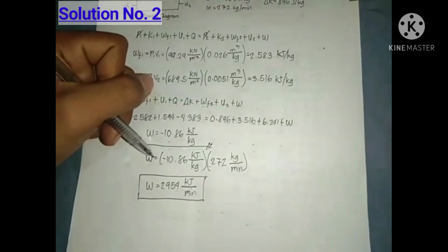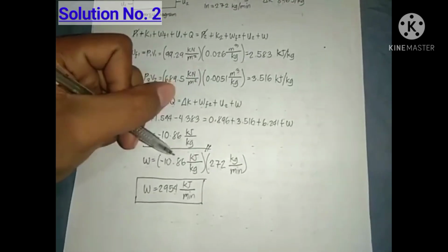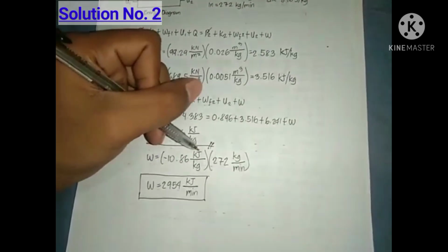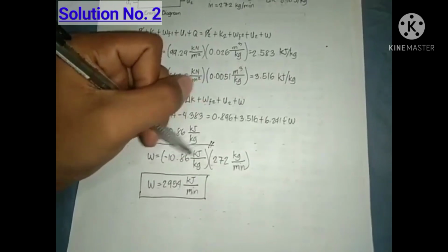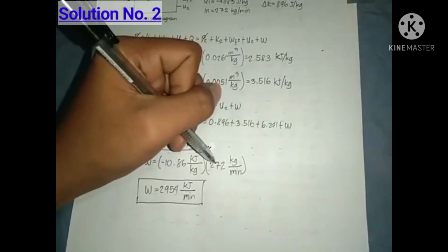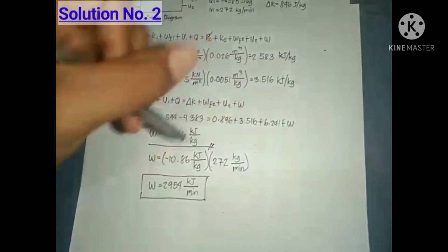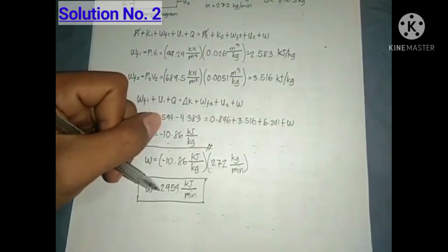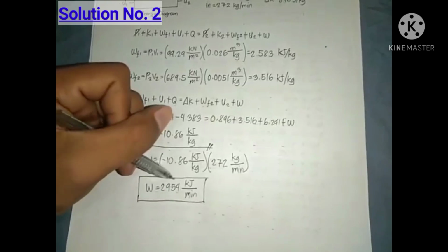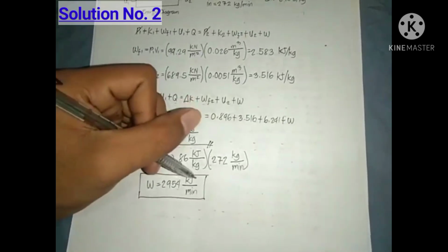Work is equal to negative 10.86 kilojoules per kilogram times 272 kilograms per minute, which is equal to 2954 kilojoules per minute.